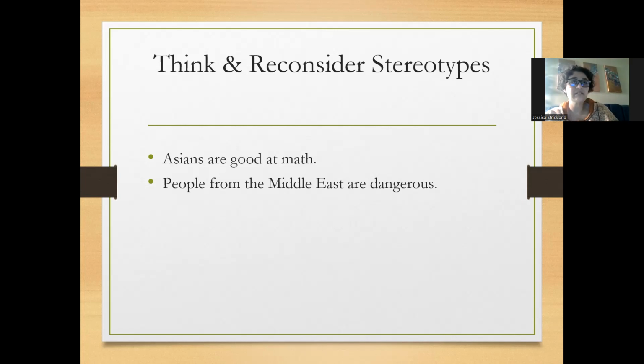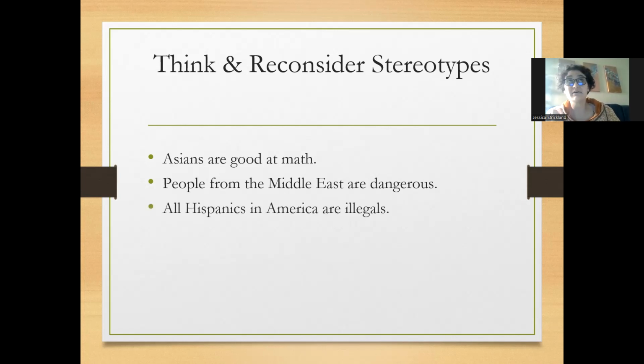That would be like if everybody judged Americans based on the terrible people that stormed the Capitol on January 6th. Then it would be like, oh, all Americans are crazy and they try to overthrow their government. Same thing. It's an unfair stereotype to judge an entire group of people based upon the actions of a few.